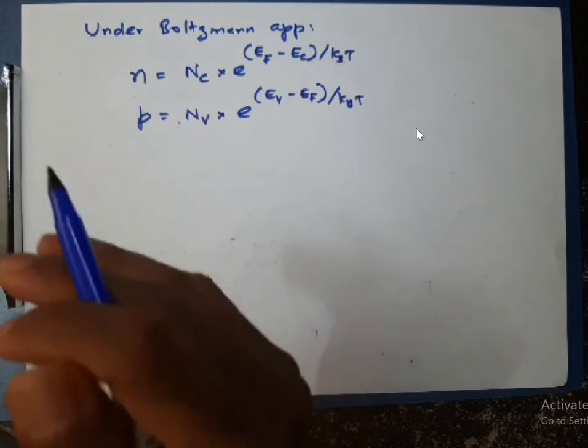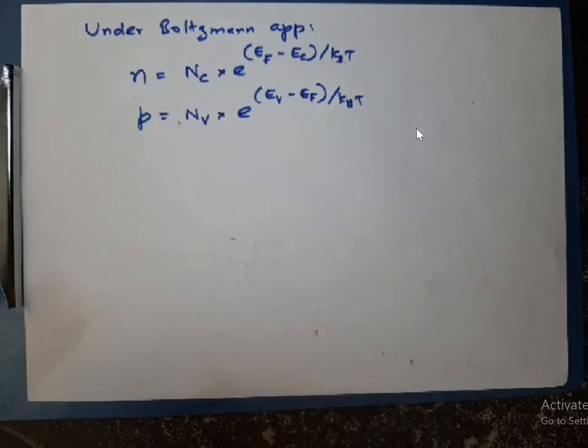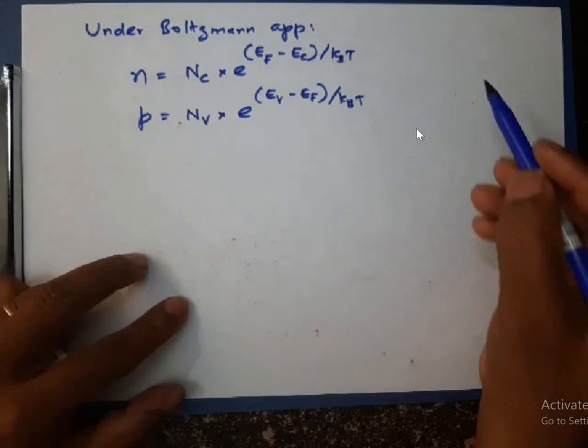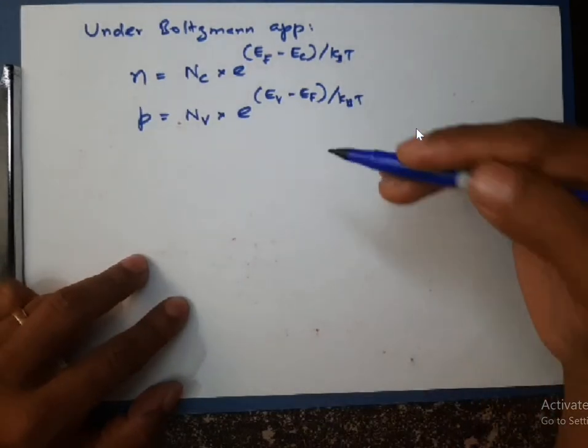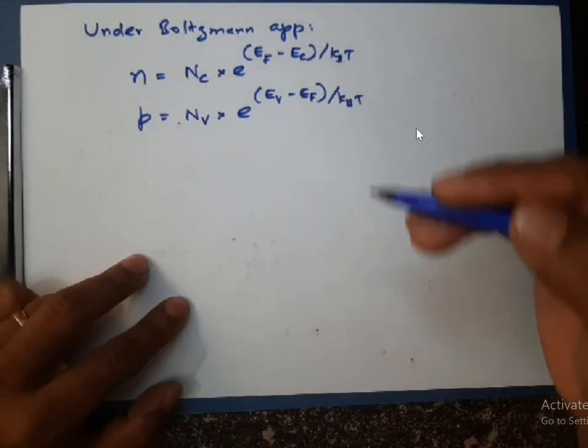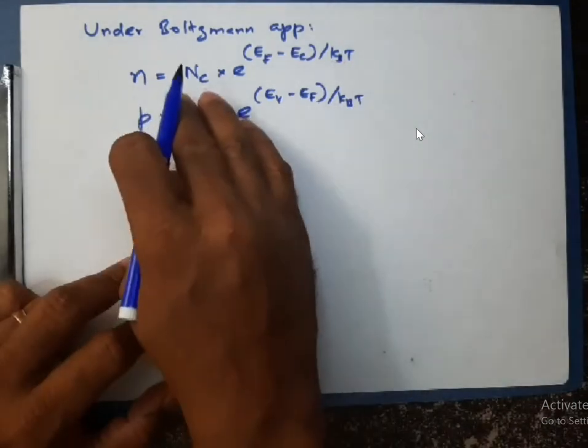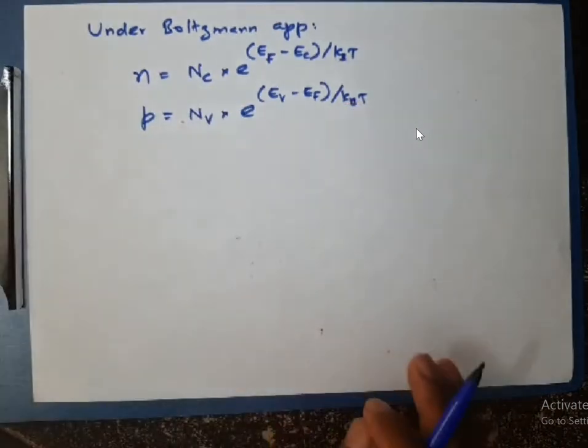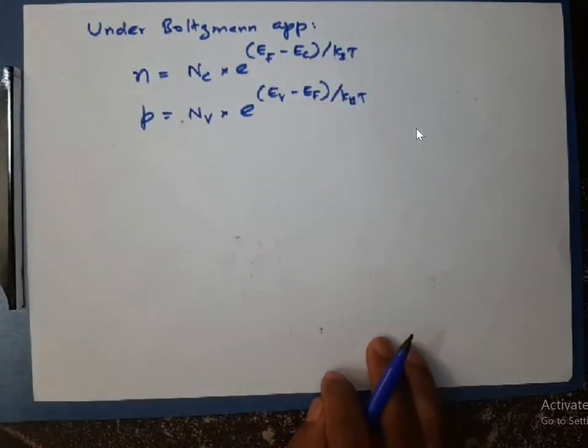Remember, if the gap between EC and EF is large, similarly if the gap between EF and EV is large, or simply if the Fermi energy is present approximately at the middle between EC and EV, then you can use this expression to calculate the concentrations.